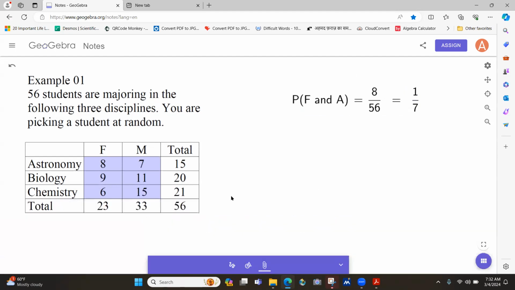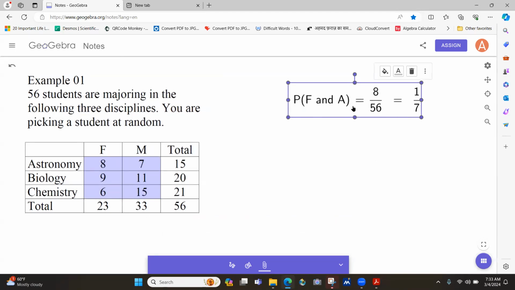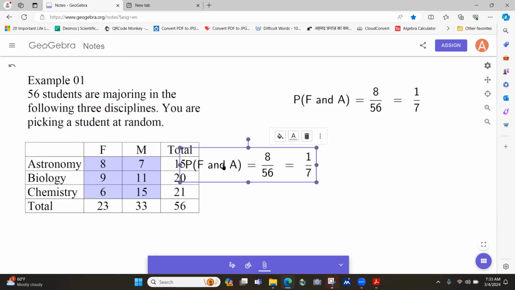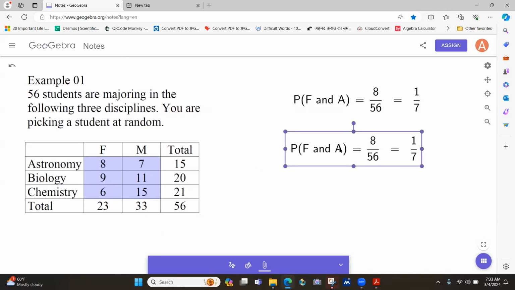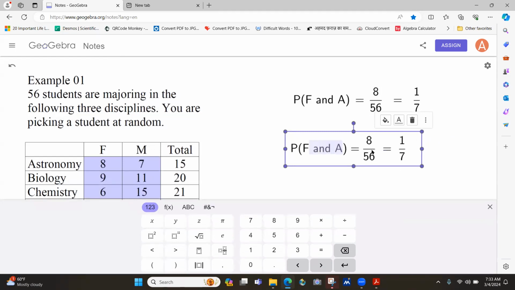This is not conditional probability. What if I want to find the probability of getting a chemistry major, regardless of the gender? That would be probability of C. There are 21 chemistry majors, and there are 56 students.